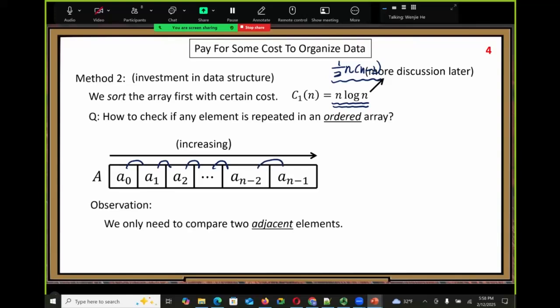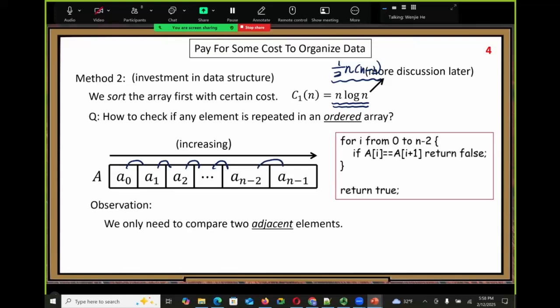Let's continue. If we write pseudocode to represent our algorithm, the main step is this for loop. You just compare two adjacent elements. If they are equal, you find a repeated element, not distinct, so your function returns false.